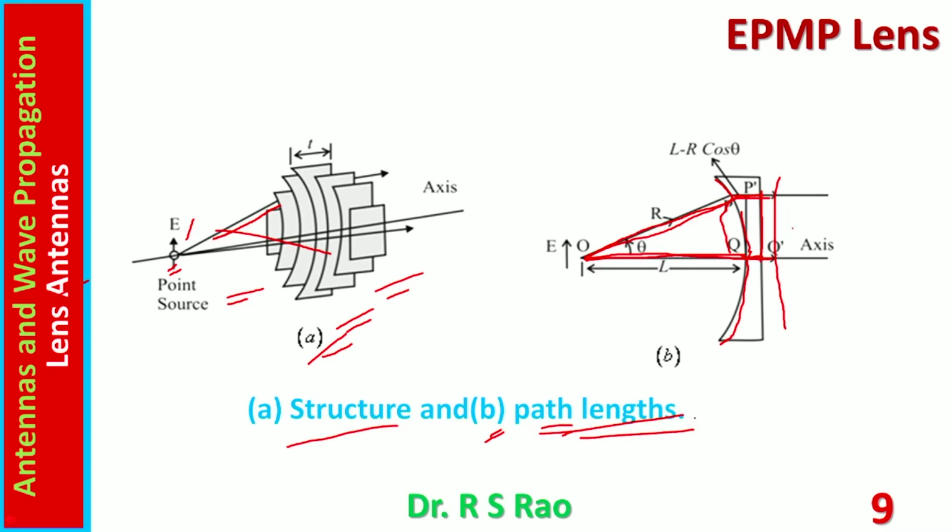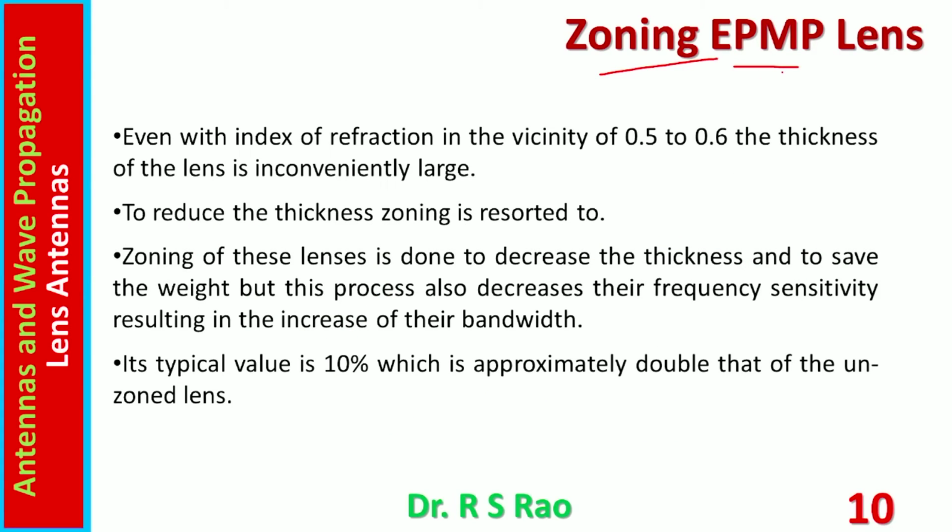Hence, plane wave formation takes place outside the lens medium. Zoning of EPMP lenses. Even with the index of refraction in the vicinity of 0.5 to 0.6, the thickness of the lens is inconveniently large. To reduce the thickness, zoning is resorted to.